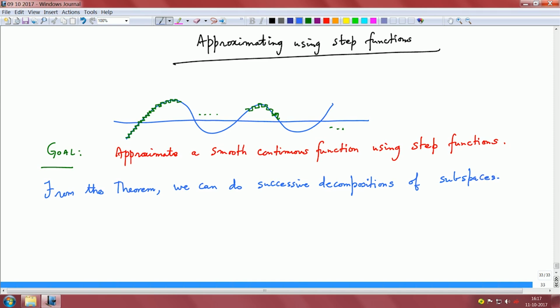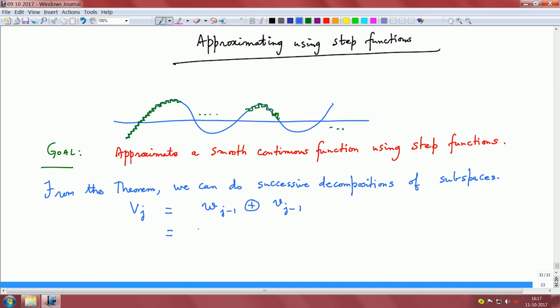So, what do I mean by this? We start with our equation Vj is Wj minus 1 direct sum with Vj minus 1, right.